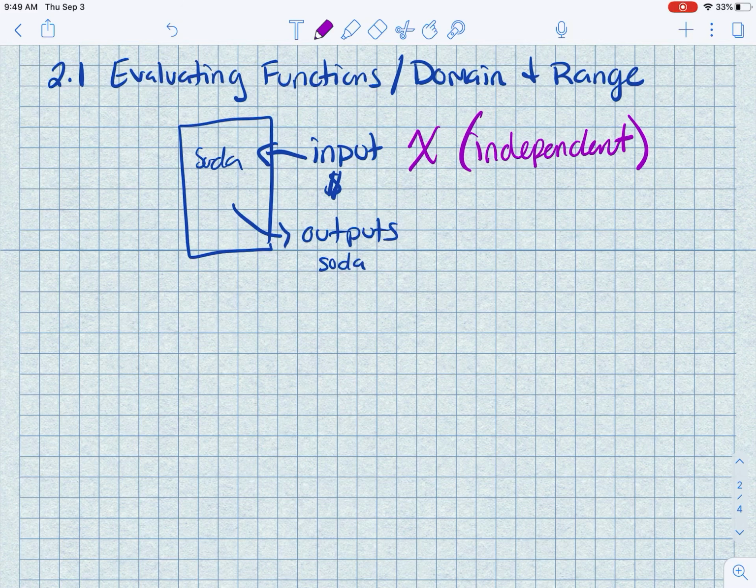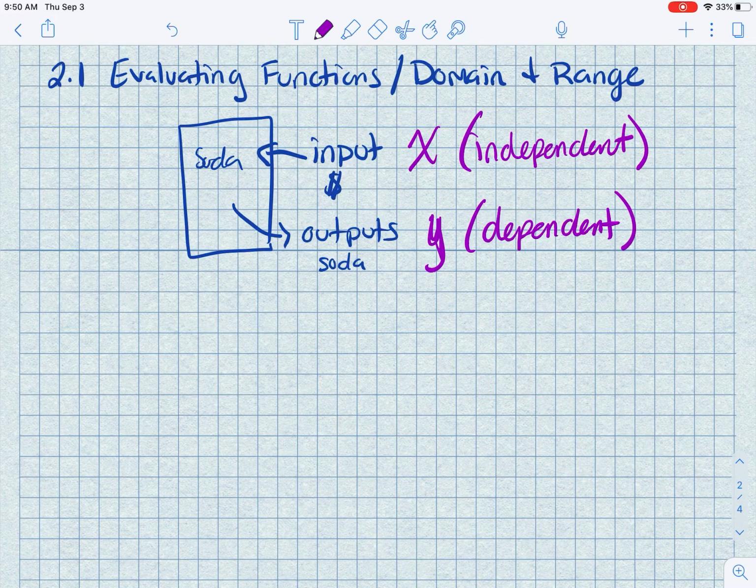It's going to spit out our output or our y value, or we can call it our dependent variable. Okay, so x's are independent, y's are dependent. Those are terms you're going to hear a lot in some science classes. So this does kind of transfer into other classes here.